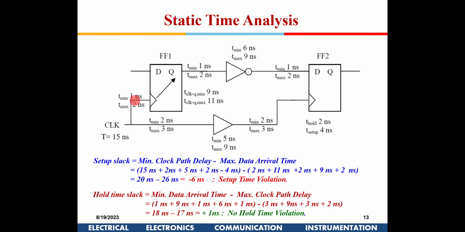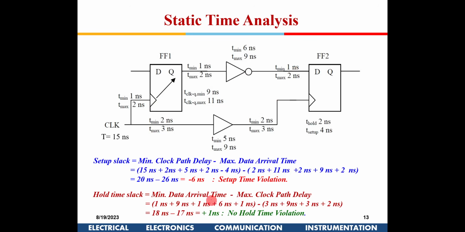So now this clock we have triggered here. Let's see what happens to the data. The fastest the data can change is 1 nanosecond, and here it is 9 nanosecond, and then another 1 nanosecond in this wire, plus 6 plus 1 nanosecond. This is the fastest the data can change.